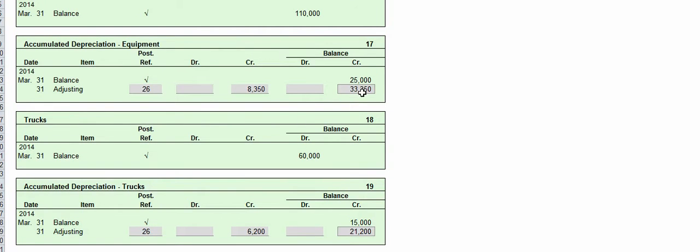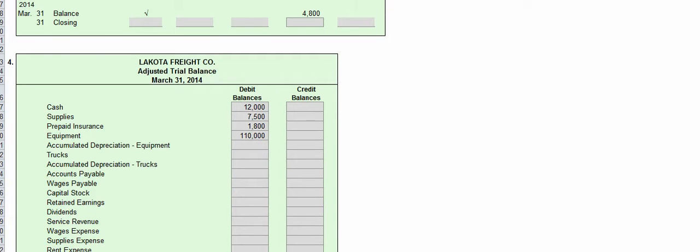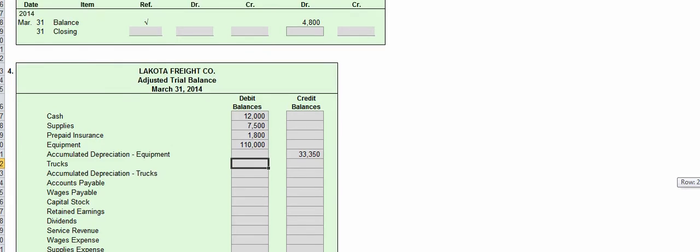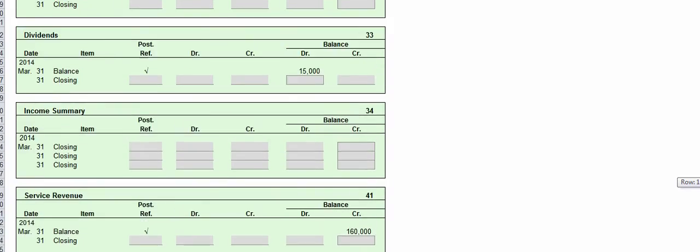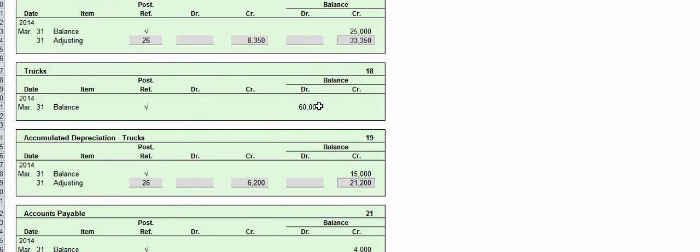Accumulated depreciation for equipment, the credit balance of $33,350. Trucks and accumulated depreciation on trucks. Trucks is a debit balance for $60,000. Its accumulated depreciation is a credit for $21,200.